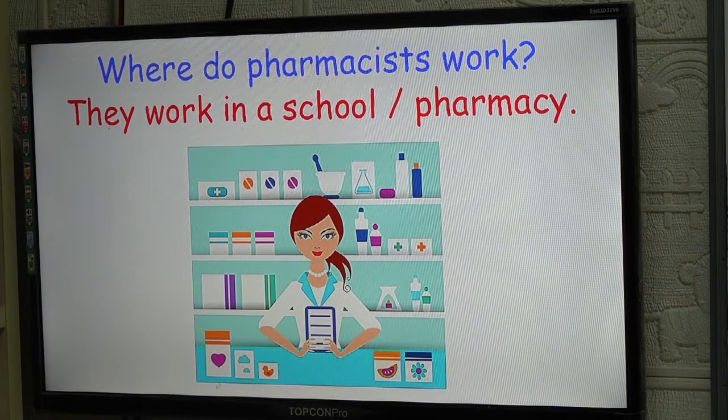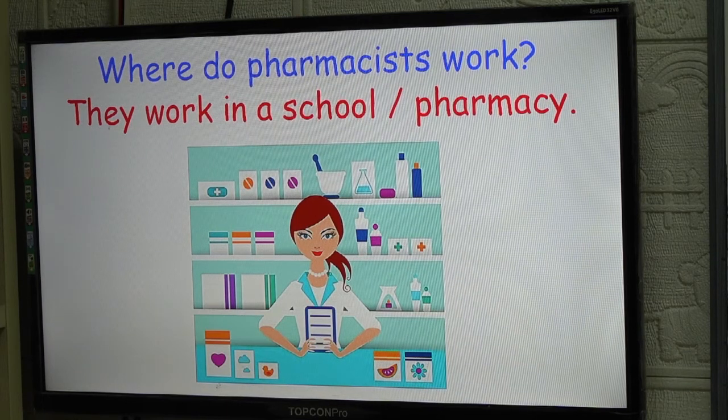Okay, when the problem is not serious. For example, if you have got a little headache, or a minor cough, right, you can go to the pharmacist and they would just give you the medicine that can treat you. So where do they work?